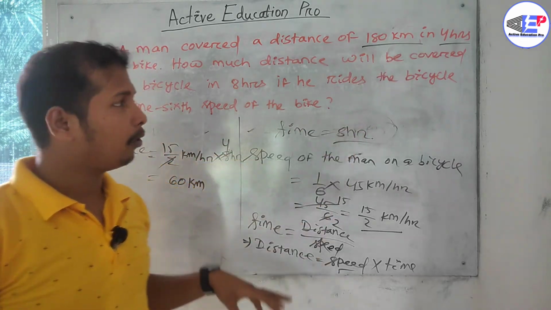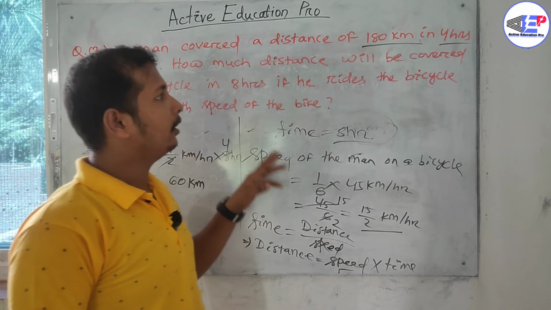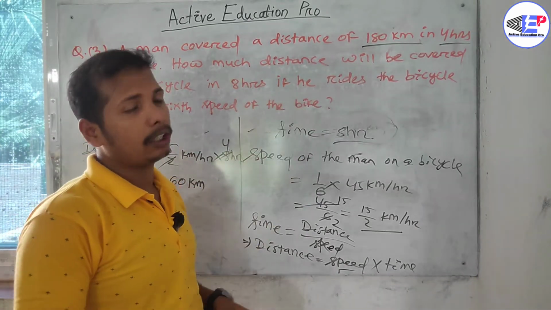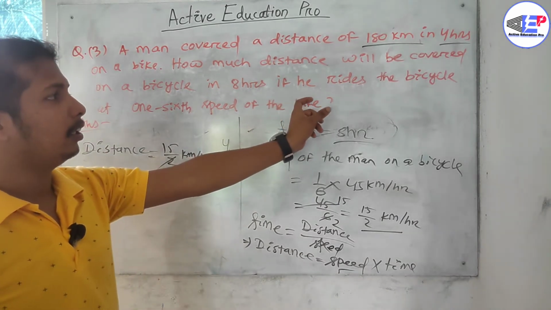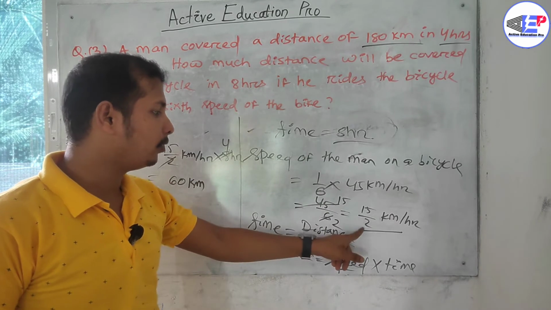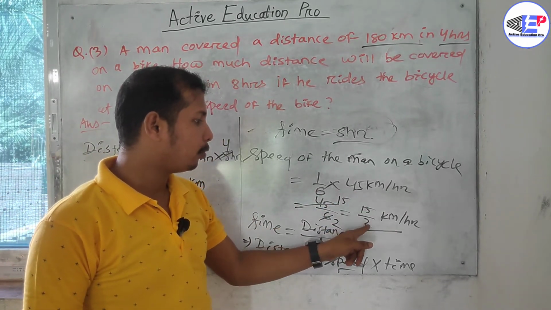If we calculate the speed of the bike, it will be equal to 45 km per hour. Next, the man covers some distance with a bicycle with a speed of 1/6 of the speed of the bike. That means 1/6 of 45 km per hour, so it will be equal to 15 by 2 km per hour.